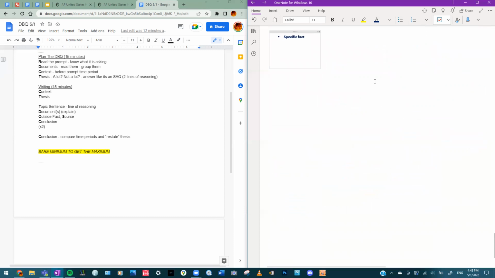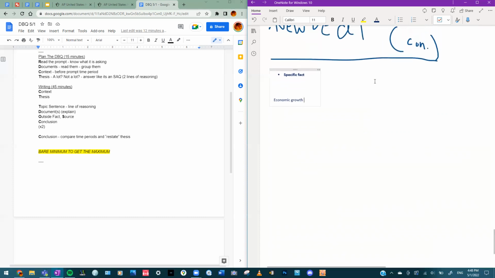So we're going to say economic growth occurred to a great extent in the United States in the time period of 1940 to 1970.